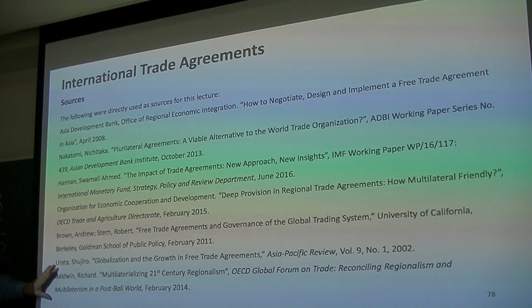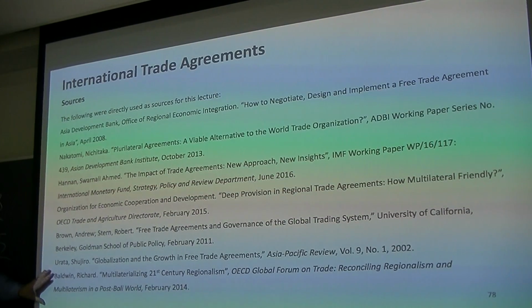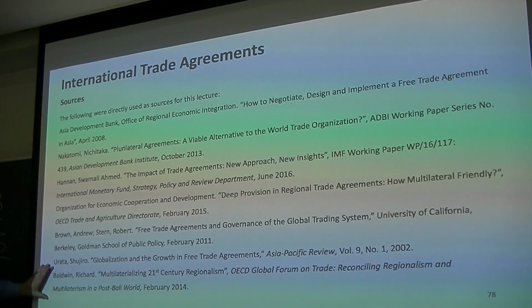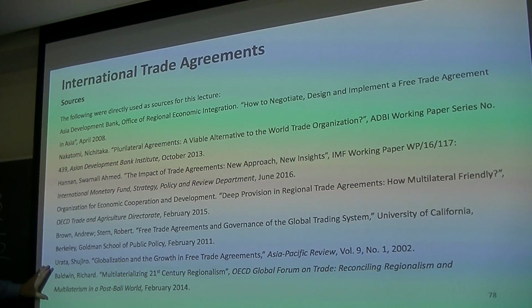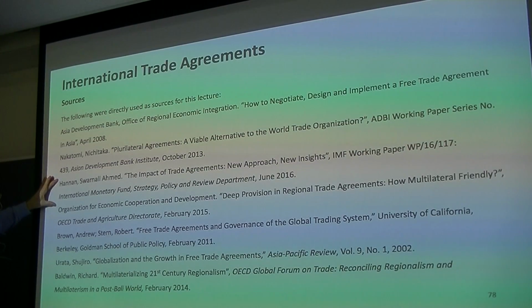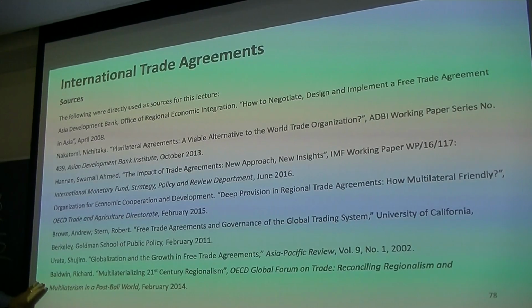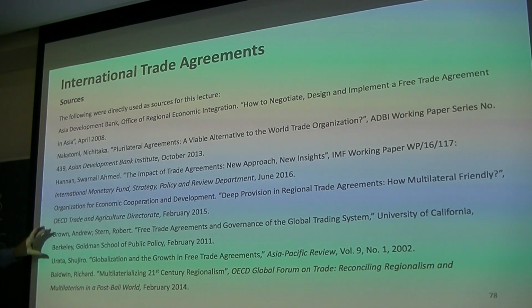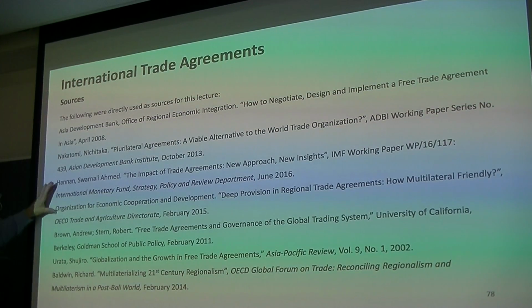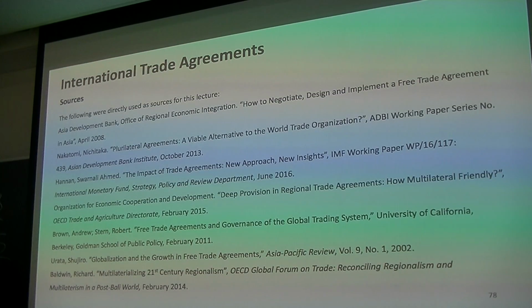And this other paper, The Impact of Trade Agreements: New Approach, New Insights, is the one I talked about. I think both are interesting papers. I'll send both of these to you, and I recommend that you take a look at them.